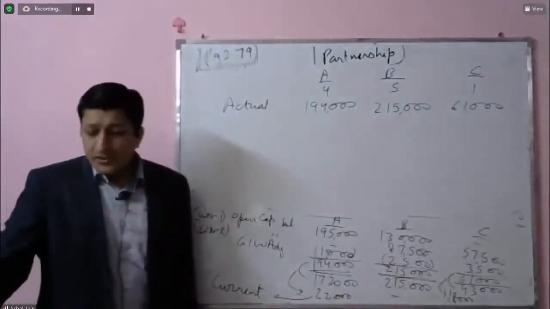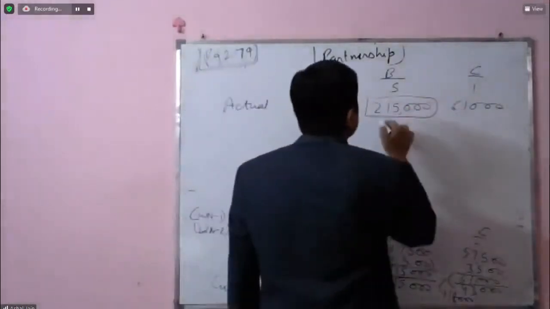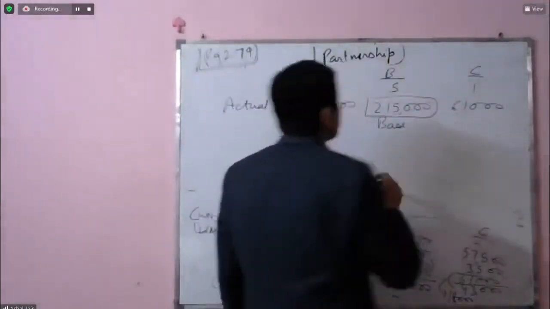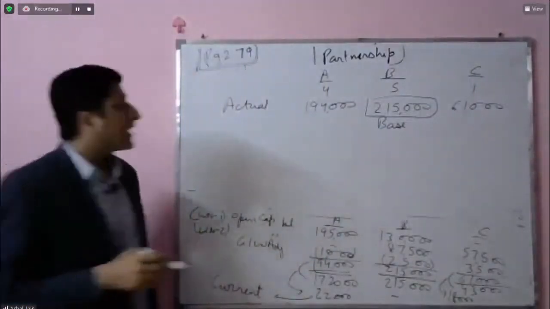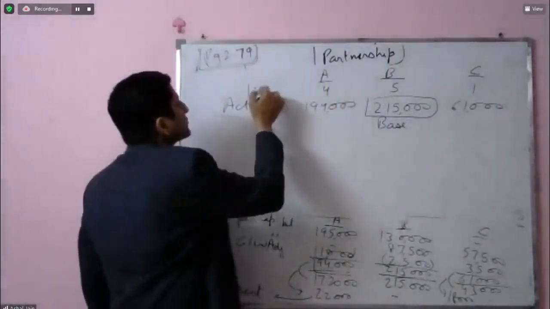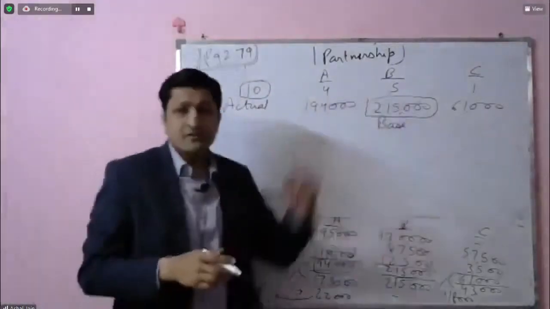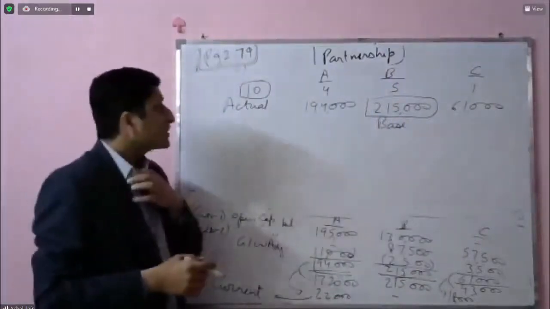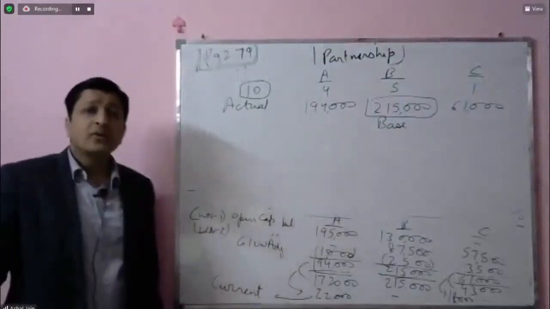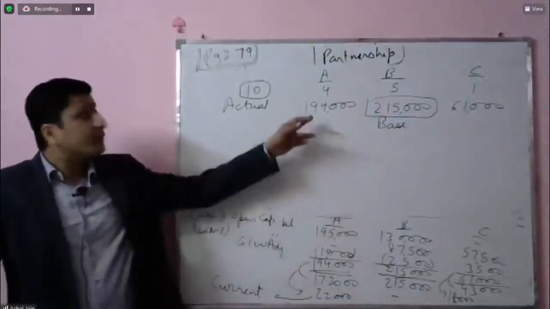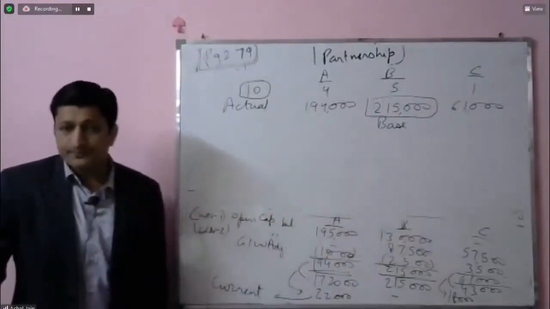Now, around these actual capitals, you want to keep this one as the base. If you look at the total of your profit sharing ratio, this is 10, 4 plus 5 plus 1. So now, what are we trying to achieve? We are trying to get into the profit sharing ratio for all of these capitals also.